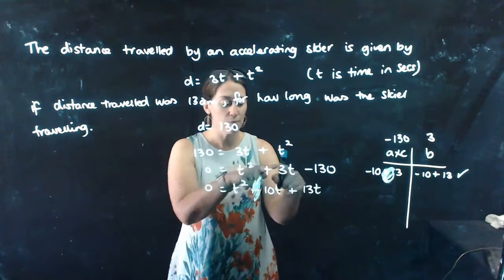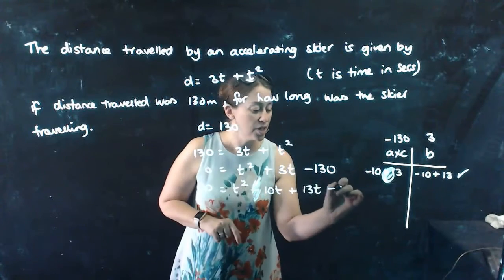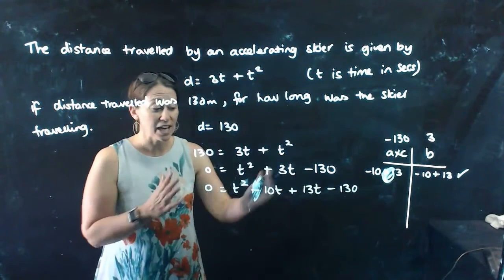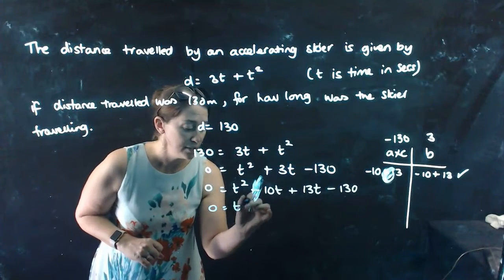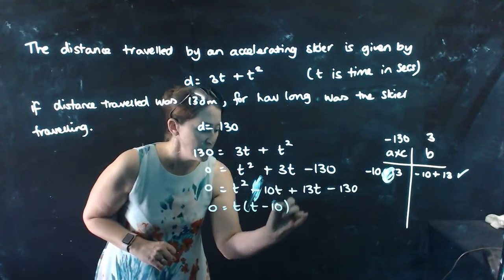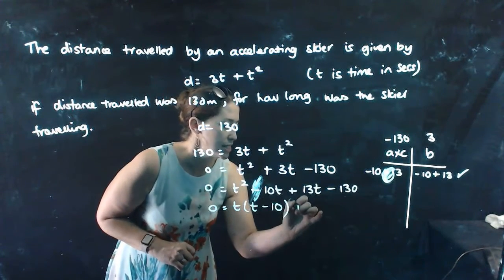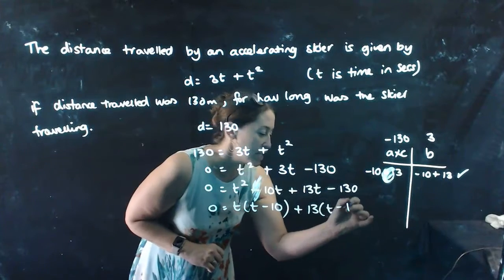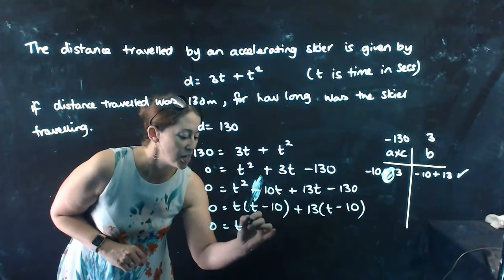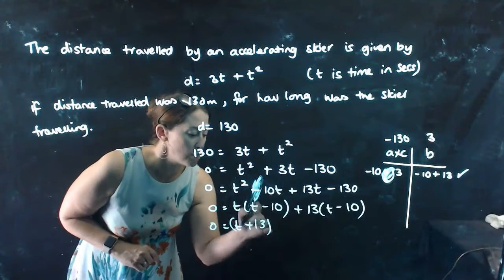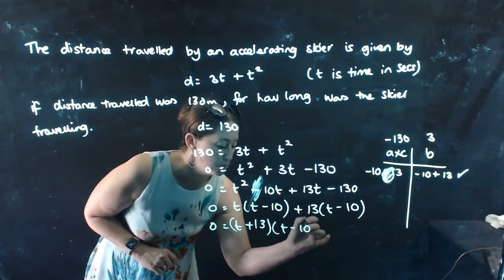So there's our b term broken down to make the 3t minus 130. Now let's factorise in pairs. The common factor here is t, so I get t minus 10, and then the common factor here is 13. Pull out the 13 and I get t minus 10. Now we can say that t plus 13 times t minus 10 is the factorised form.